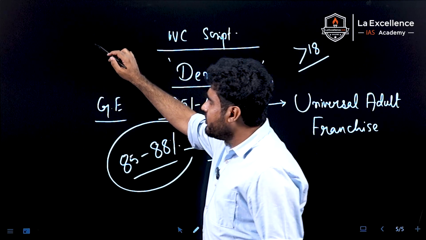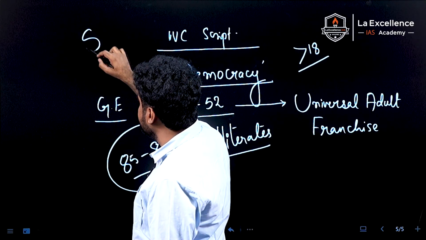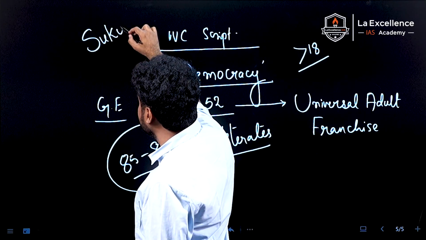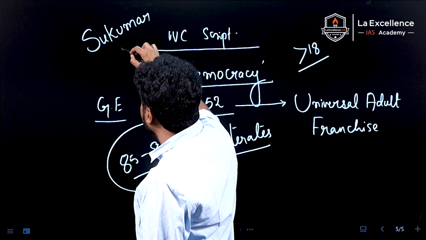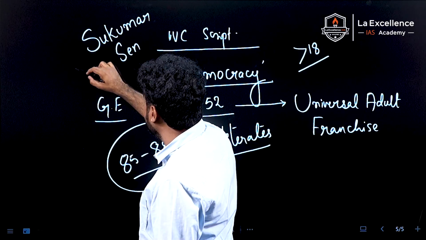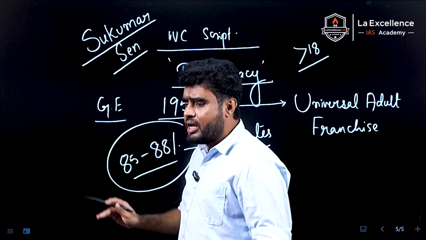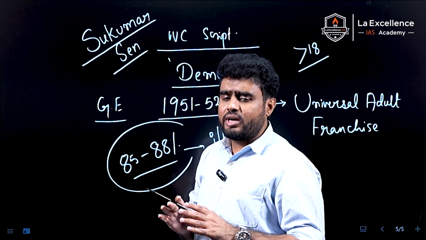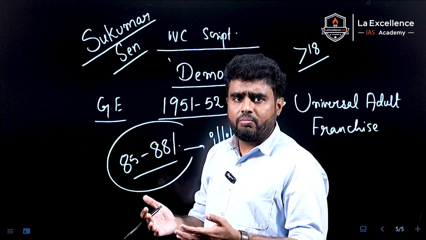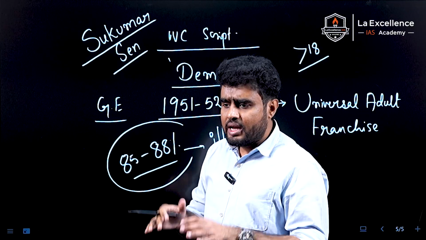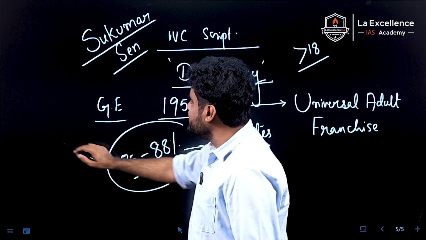The first Chief Election Commissioner, Sukumar Sen, brought a new innovative method. He said, let us not give the names of the political parties; rather, we will give them symbols.